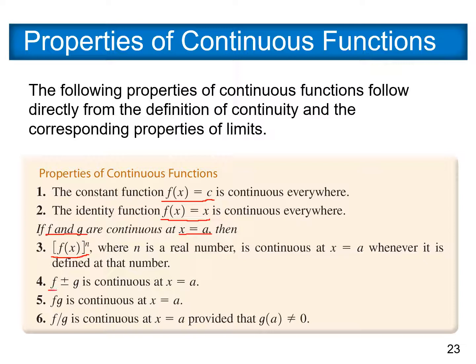If you have f plus or minus g, and both of them are continuous at x equals a, then the sum or the subtraction of them will also be continuous. That rule also applies for multiplication and for division. But in division, you have to be careful to make sure that the value of g at the point a is different than 0.